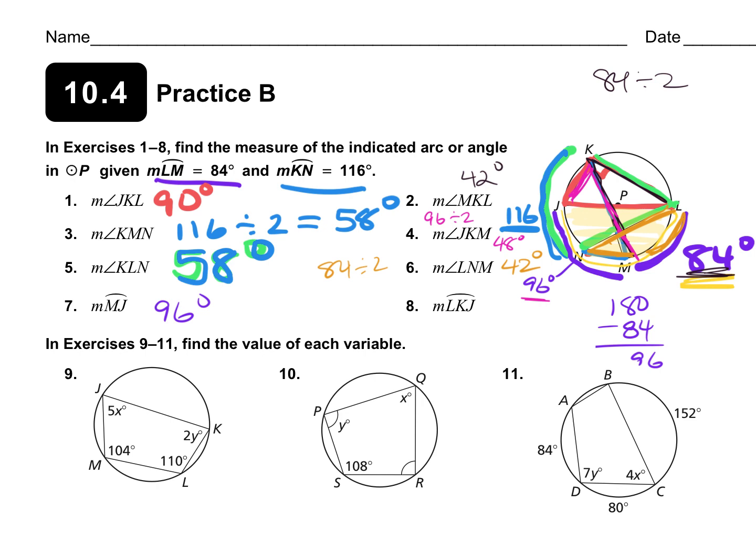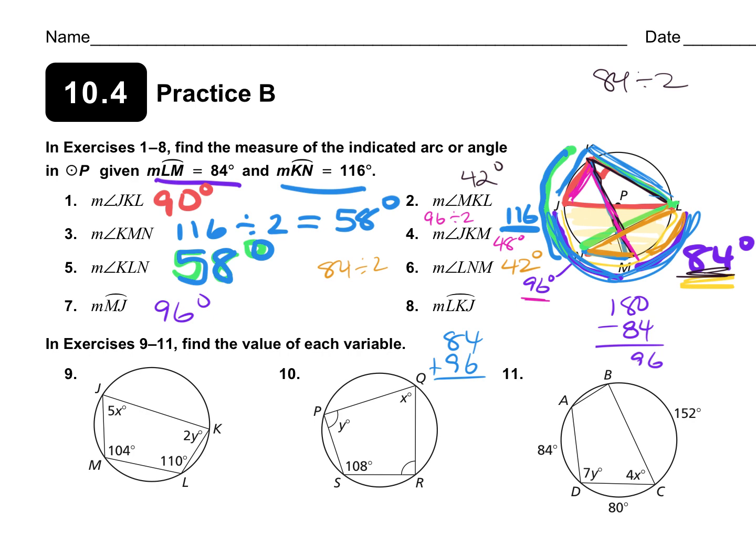And then lastly, LKJ. LKJ is this angle here, and its intercepted arc is composed of adding the 96 plus the 84, and then dividing by 2.